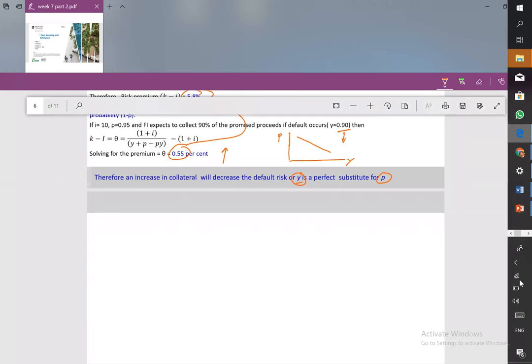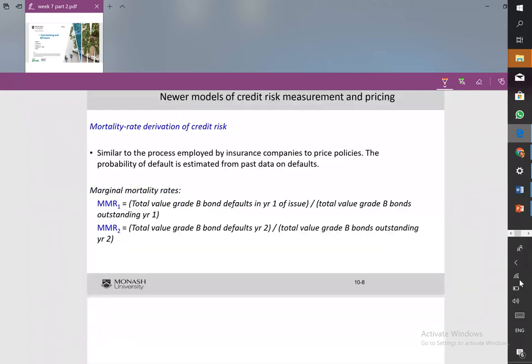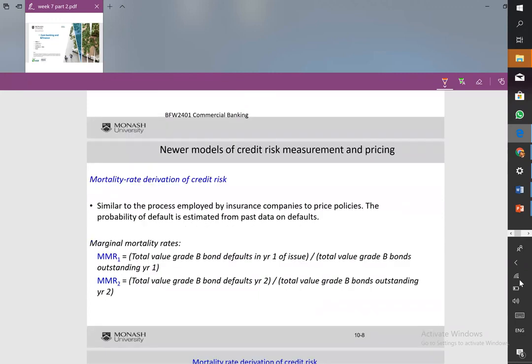And if a customer also comes with collateral, and that collateral covers 100% of the loan, which means the premium should not be there at all if you are talking about credit risk. Of course, there is no collateral of 100%, they make it less than that.